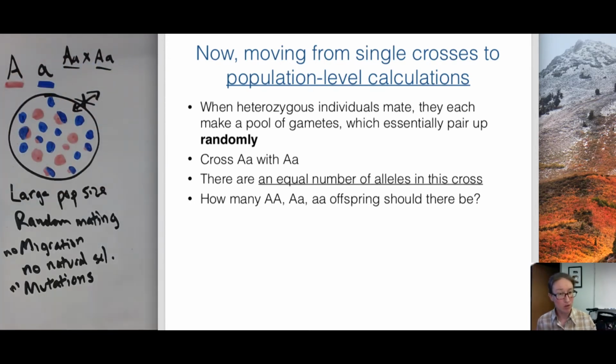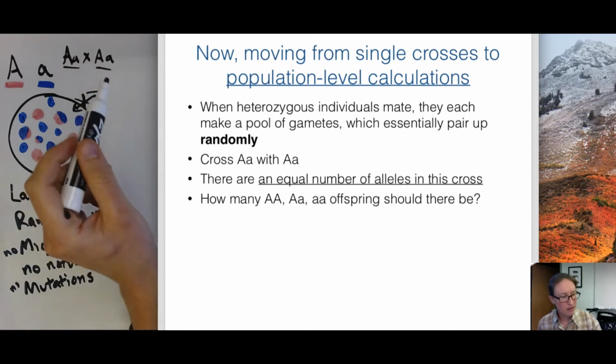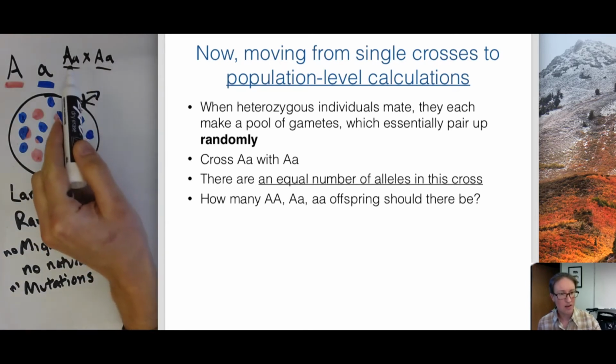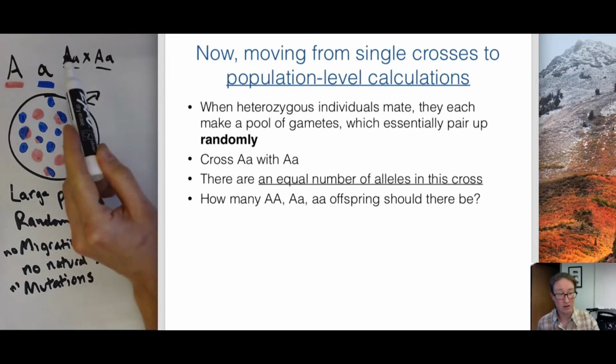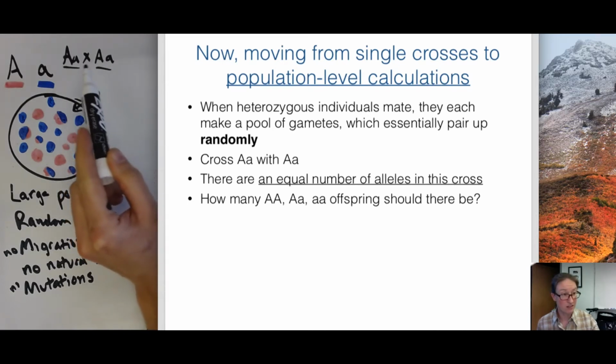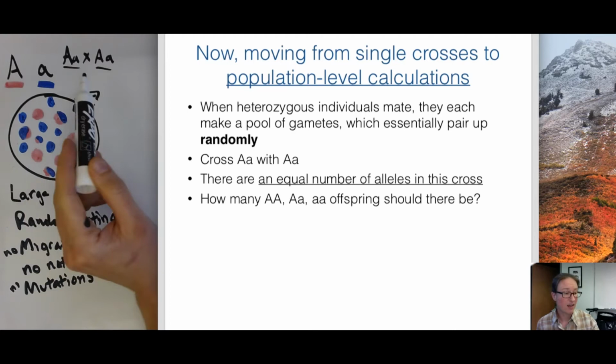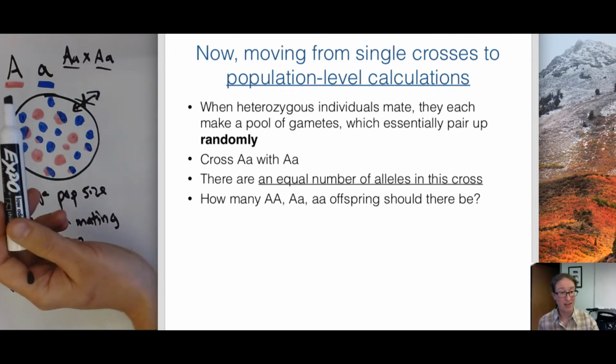And they each make a pool of gametes that essentially pair up randomly. And so if we cross these two, there's an equal number of alleles in this cross, right? Each parent has a big A allele, so there's two big A alleles, and then each parent also has a little a allele, so there's two little a alleles.